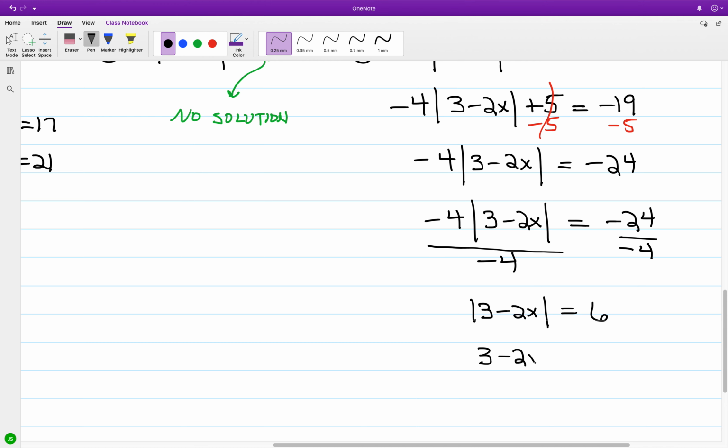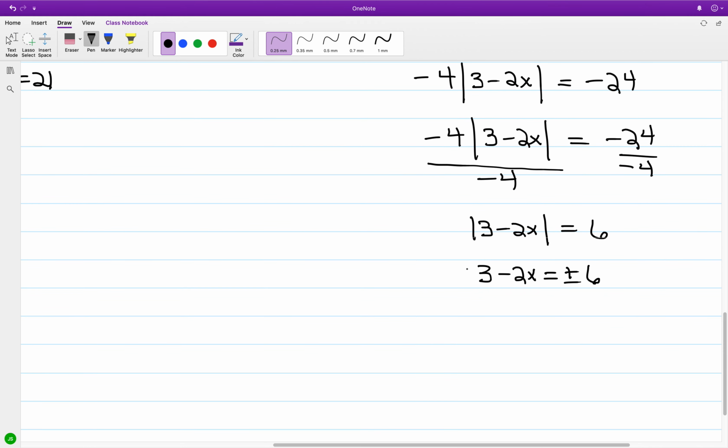Once I take out the absolute value notation, I have 3 minus 2x is equal to plus or minus 6. So 3 minus 2x is equal to negative 6 on one end, and 3 minus 2x is equal to 6 on the other. Isolating the x terms, we take away 3 on both sides.